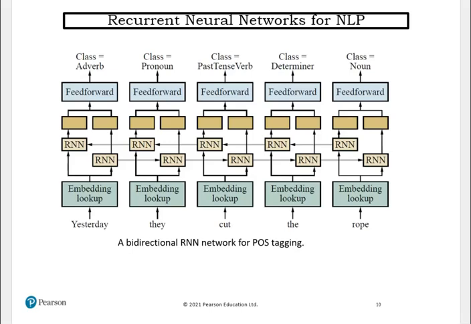For example, in the case of sentiment analysis, maybe I just want to read the entire review that was given, and then at the end, after I read the entire text, just decide if that is positive or negative. Okay, so in that case, I'm only interested in one output, which is y at the end of the sentence.